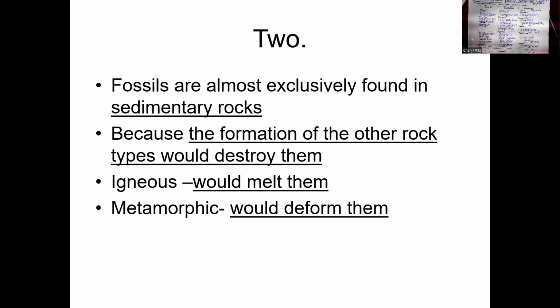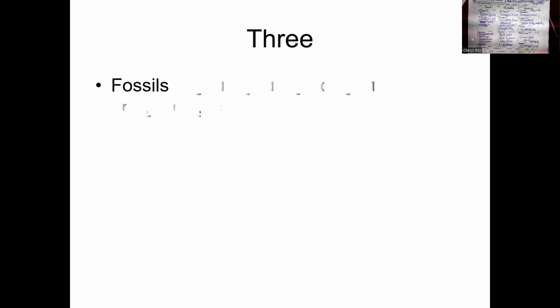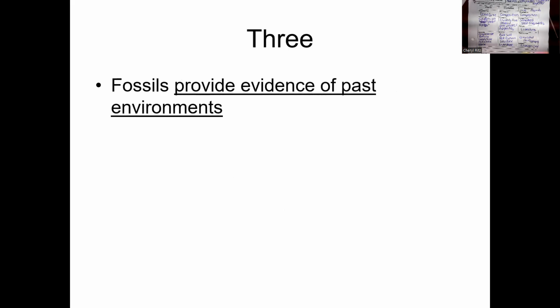And the last thing there, fossils will provide evidence of past environments. What I mean is, if you find a fish fossil in your backyard, what does that mean your backyard used to be? A pond or ocean or a lake. So if you find a fish fossil, they say that's a marine environment.